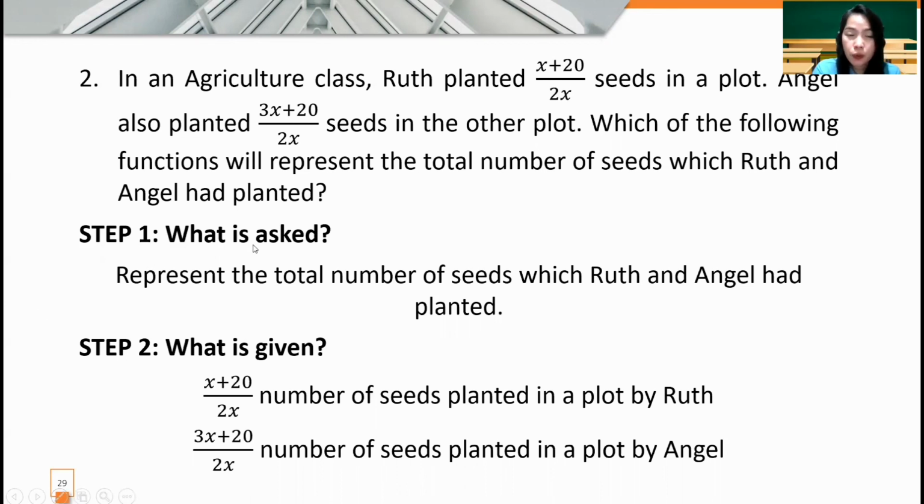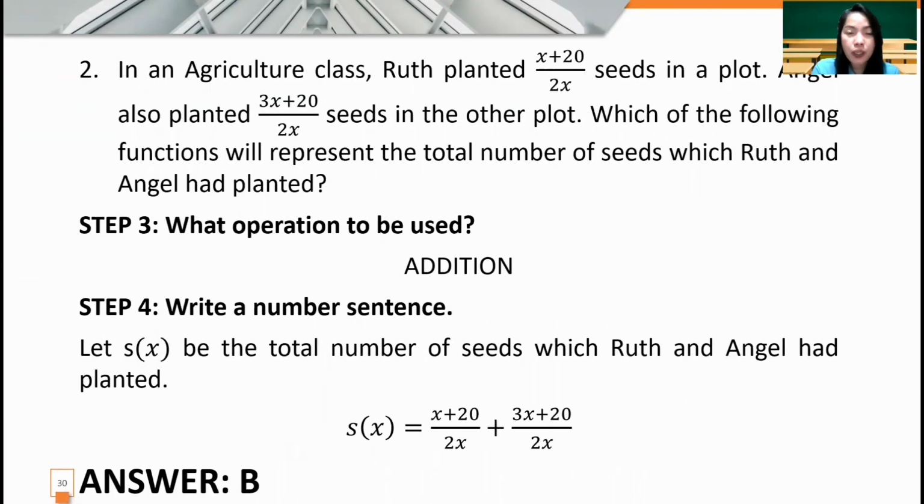For step 1, what is asked? We have to represent the total number of seeds which Ruth and Angel had planted. Step 2, what is given? For Ruth, ang tinanim niya na seeds in a plot is x plus 20 all over 2x, and kay Angel naman, ang number of seeds planted in a plot is 3x plus 20 all over 2x.